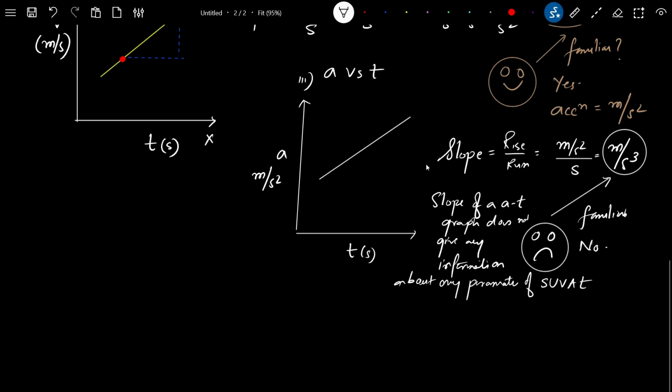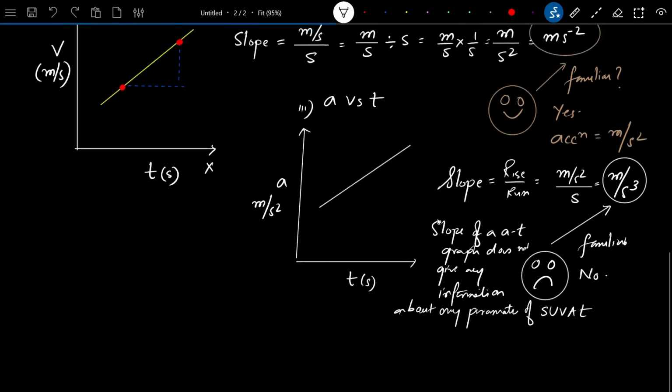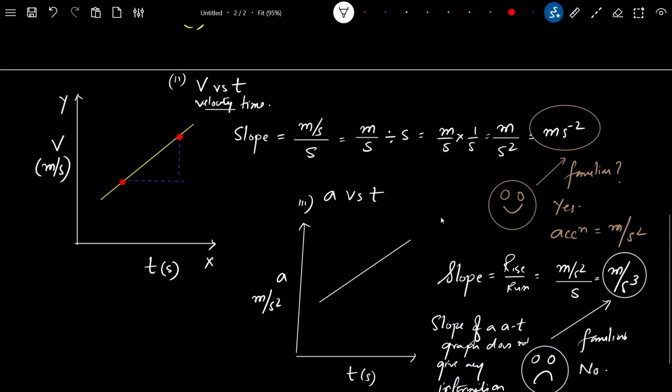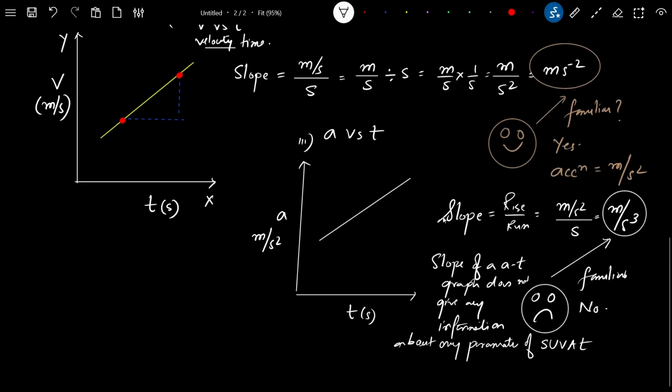In higher classes, you will study that this tells you about the rate of change of acceleration, which is known as jerk. But right now, in motion in one dimension, we would say the slope doesn't give us any sort of conclusive inference about any data that we encounter on SUVAT.